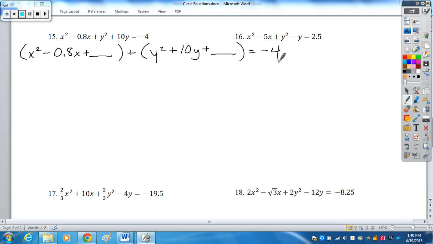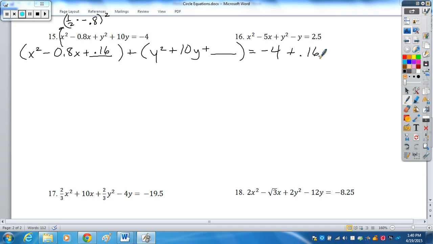Okay. Now from there, we said we were going to take half of negative 0.8, or of b, and we're going to square that. So half of negative 0.8 is going to be negative 0.4, and if we square negative 0.4, we get a positive 0.16. So I'm going to add 0.16.